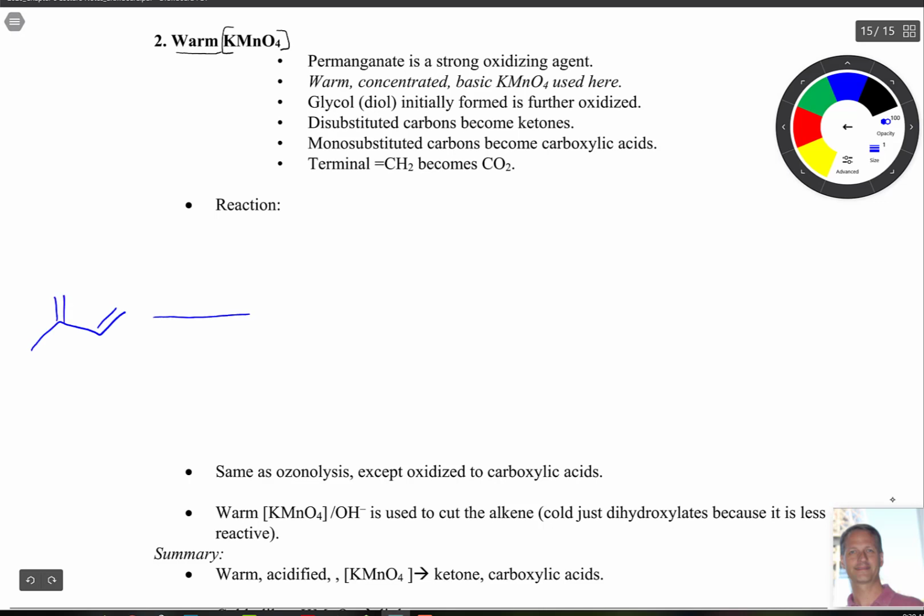The way that you're going to see this reaction is with two steps. So step number one, you're going to see typically warm, concentrated KMnO4, and you might see some type of a solvent or a base there too, like sodium hydroxide.